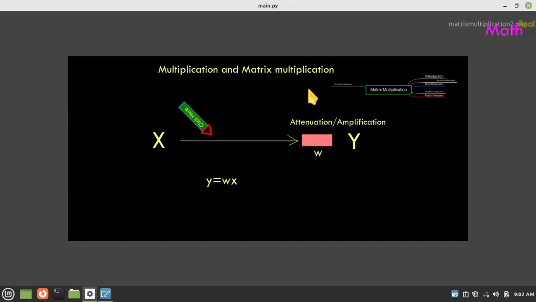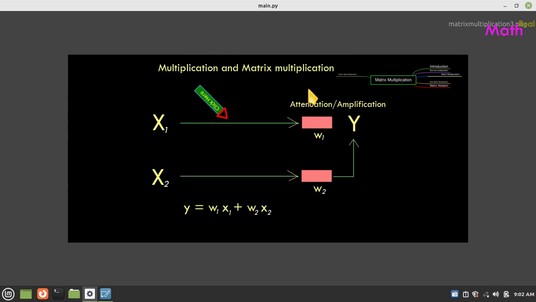So Y is W into X. The output is X multiplied by W. So this is linear multiplication.